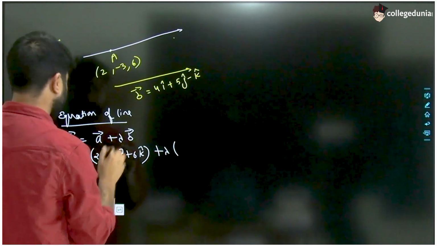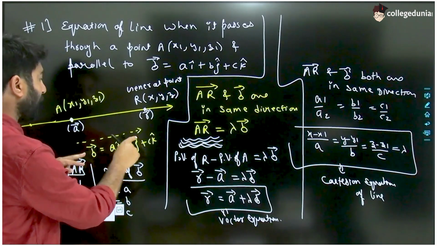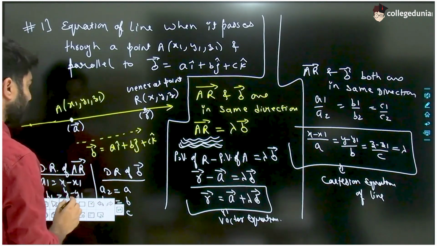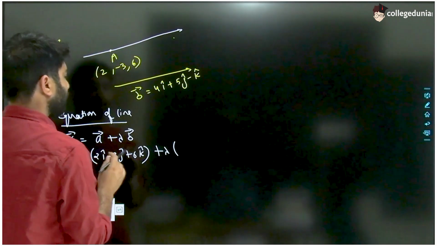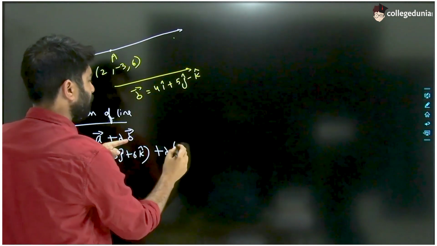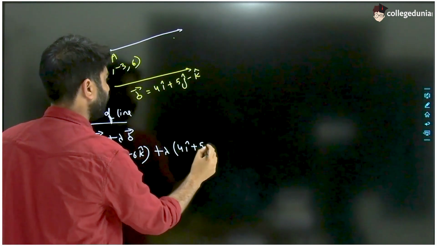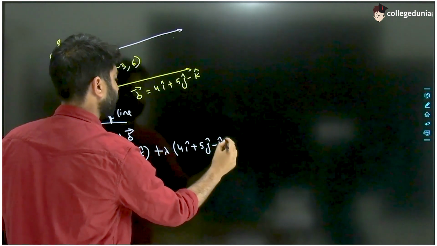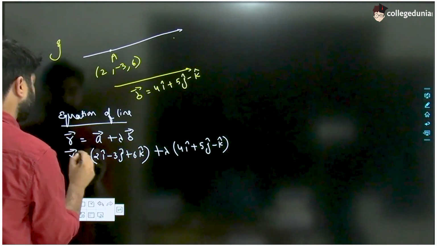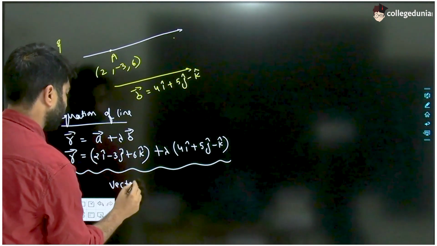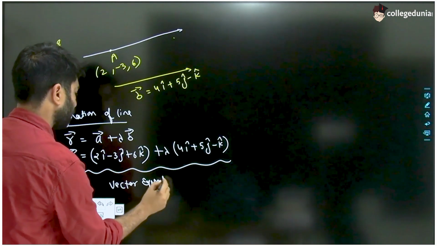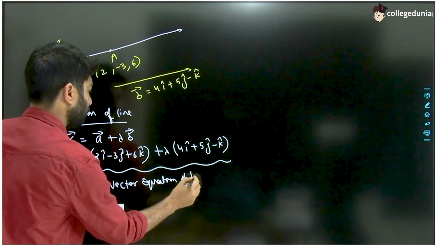Now b vector is the parallel vector which tells about the direction in which the straight line is moving, given in this question as 4i plus 5j minus k. So guys, this is the vector equation of the line.